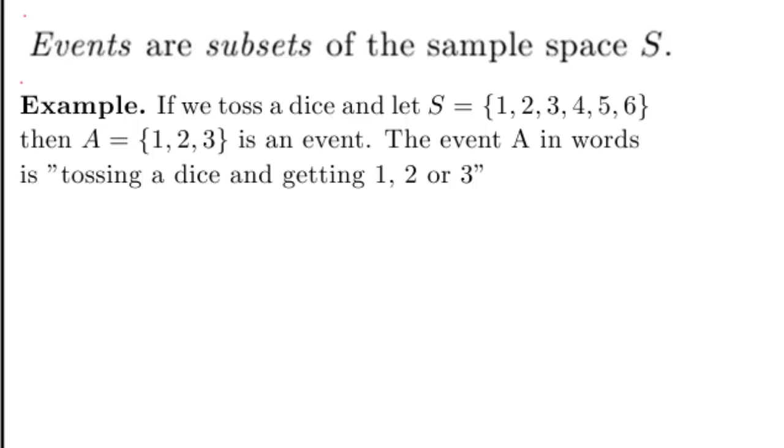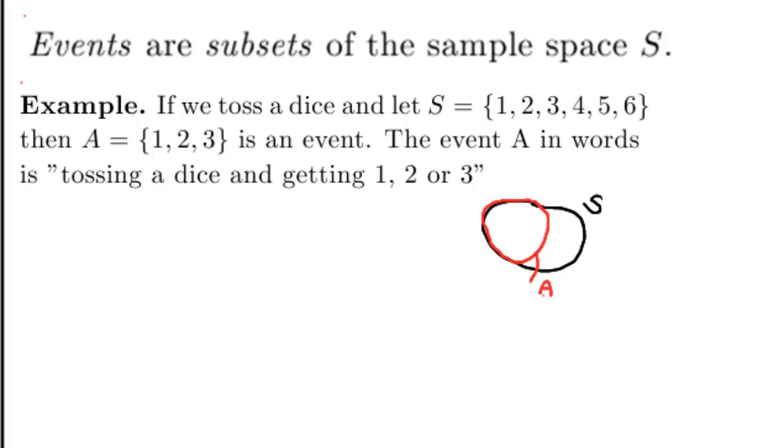So graphically, we draw it like this. This is my sample space. Inside this blob, I have 6 elements, 1 through 6. And this is my event right here. It's part of the sample space and it consists of the items 1, 2, and 3. So this is what happens then.